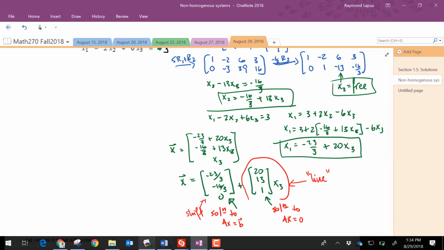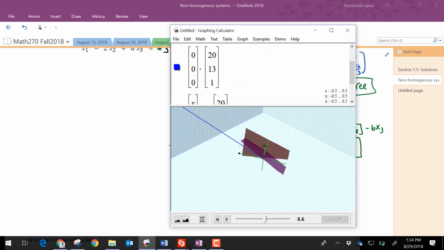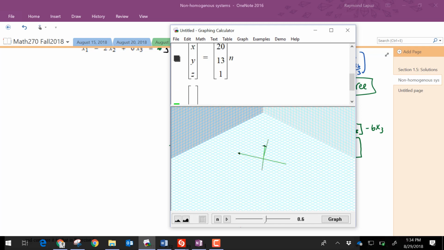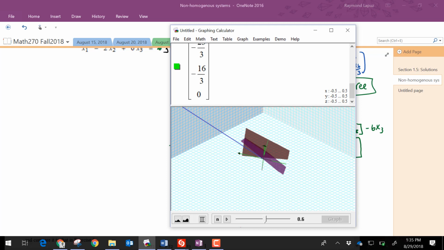I know this is probably not the best example to look at the graph of because it looks complicated, but let's take a look at this. We have a vector or a point negative 23 over 3, negative 16 over 3, 0. Let's look at that in the graph.